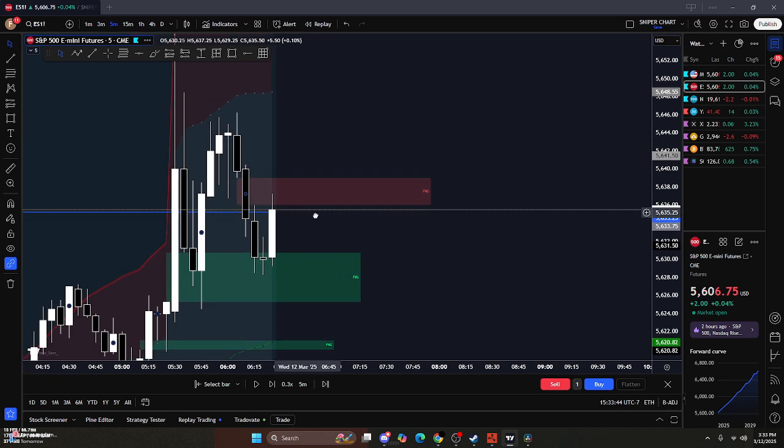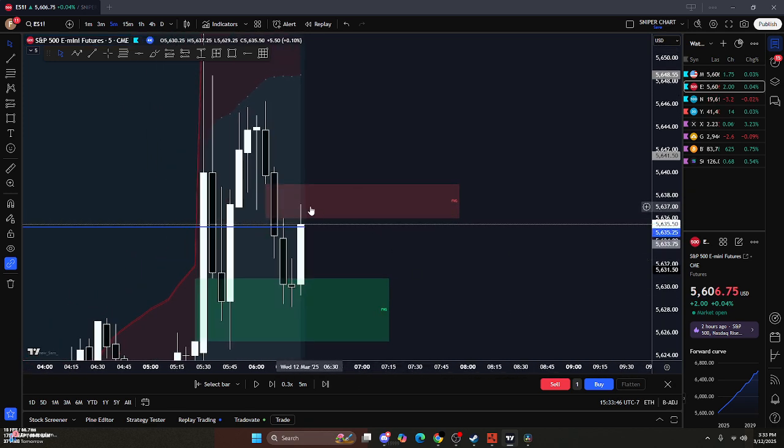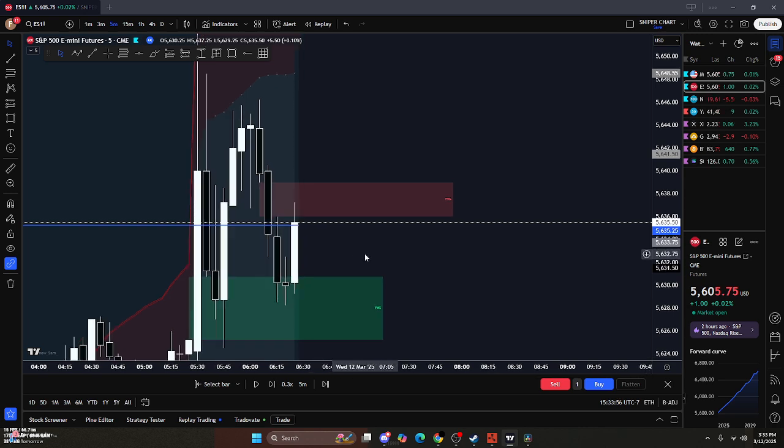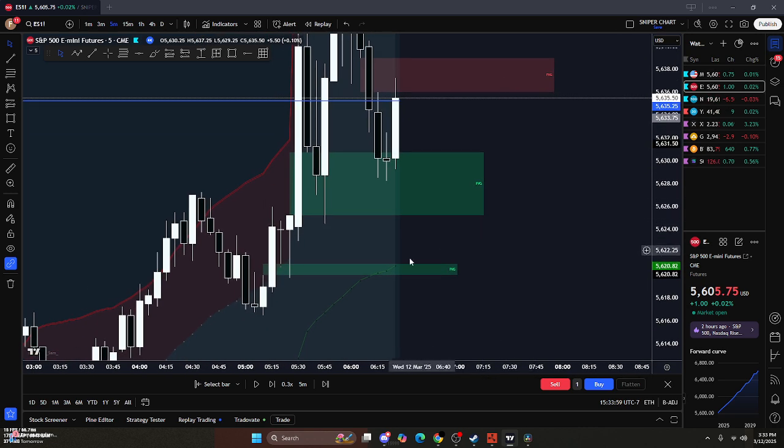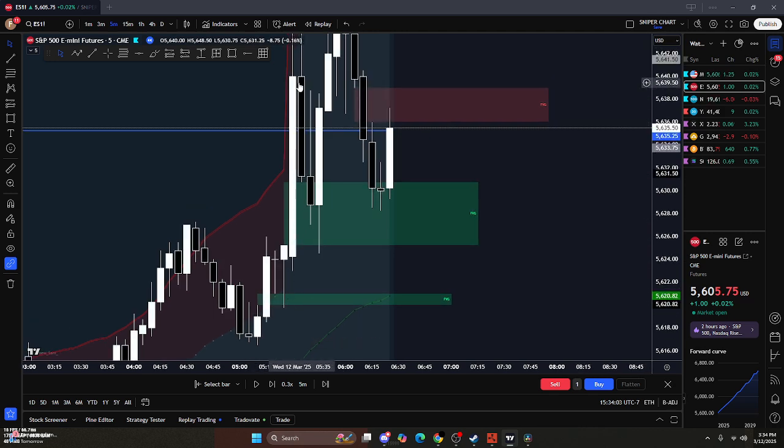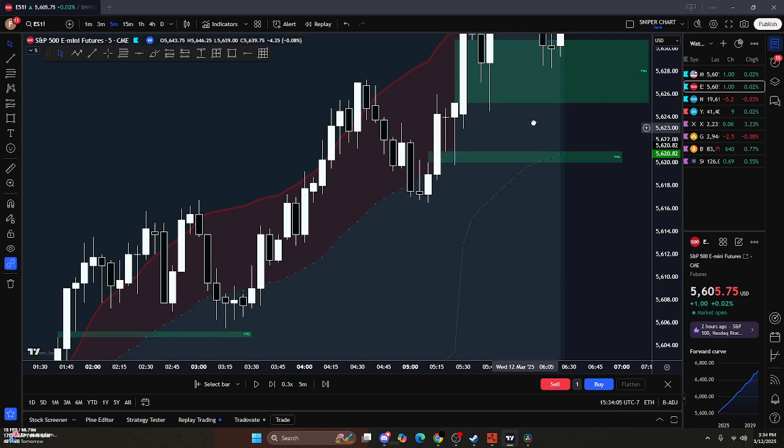Okay, another example. The wick tapped into the gap, but the body didn't close in the gap. I see this a lot happening here as well. And as we see, crazy increase in the market.